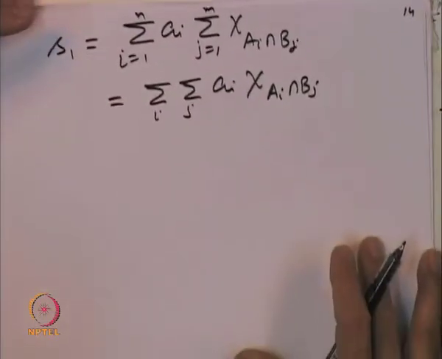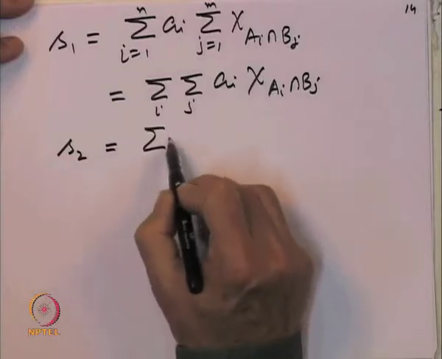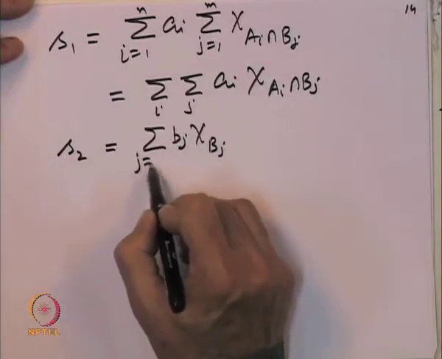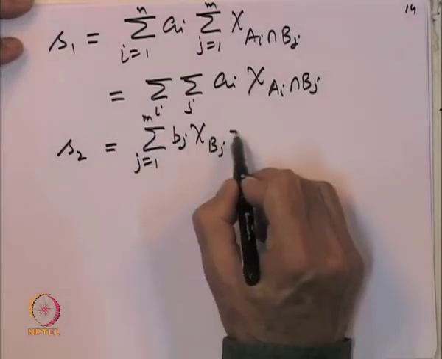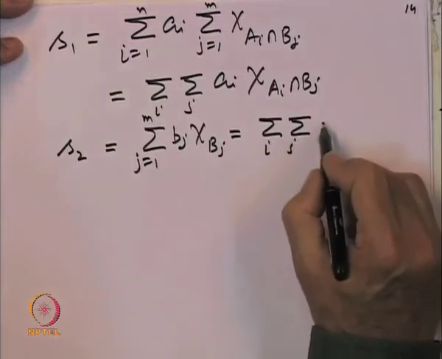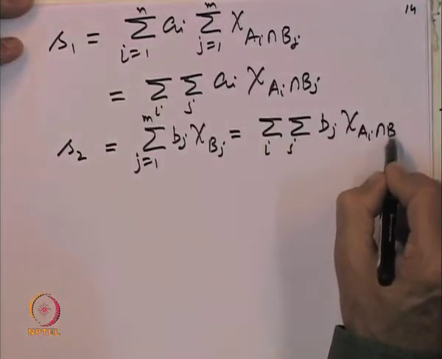And similarly, for the second simple function S 2, which had the representation sum of b_j chi of B_j, j equal to 1 to m, we can write this as summation over i, summation over j of b_j chi of A_i intersection B_j.